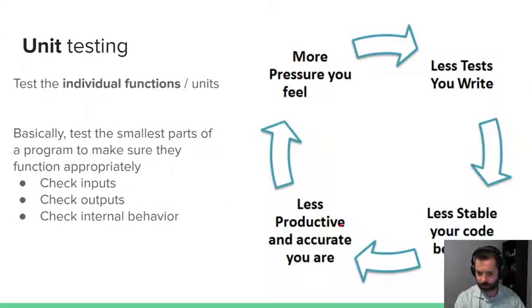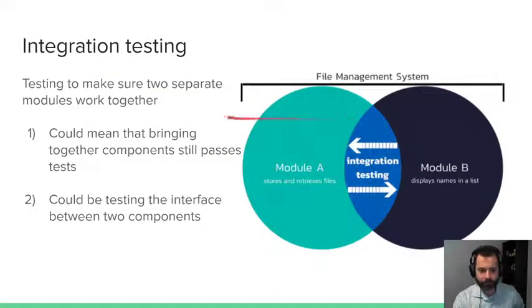So integration testing, bringing pieces together. That doesn't necessarily just have to mean testing the interaction between the two. It could be integrating all your pieces into a release candidate type of thing, where I've written my module, you've written your module, a third person's written their module. Let's compile it together into one application.